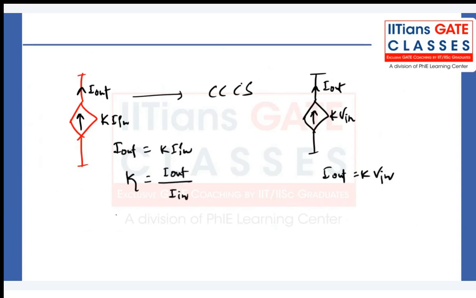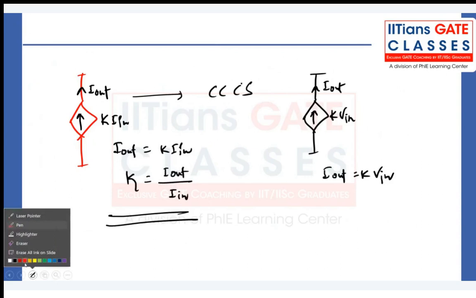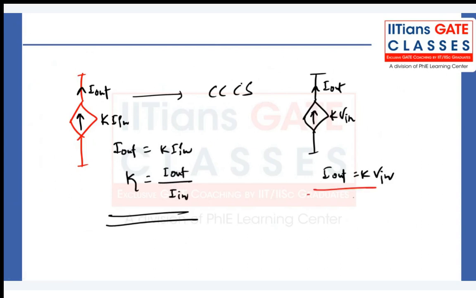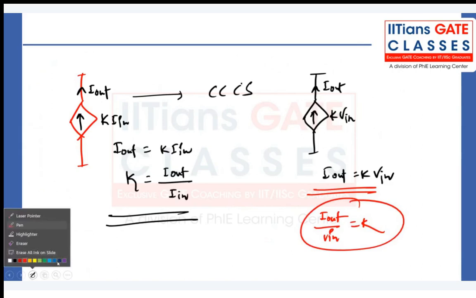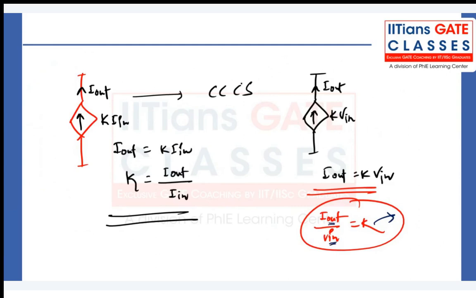And here you see I out upon V in, meaning k has a dimension of transconductance, or conductance, you can say. Because I by V is a conductance, but we are calling it trans because we are focusing on output and input, two different parameters belonging to different ports.